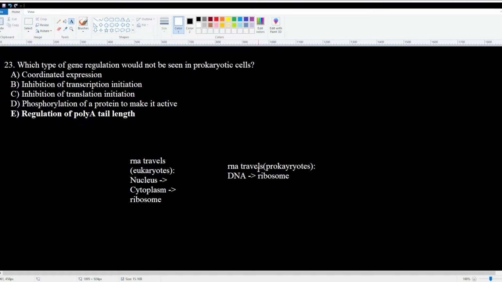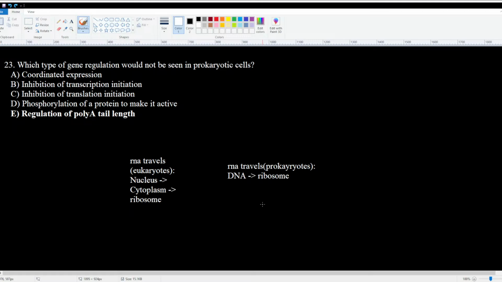So there wouldn't need to be any sort of modification done to the mRNA in a prokaryote, versus in eukaryotes where we have to go from the nucleus outside into the cytoplasm, where there's a bunch of stuff floating around and a bunch of stuff that's about to start degrading the mRNA, which then has to go into the ribosome. So some of these modifications, like we went over, include the poly A tail and the 5' cap.